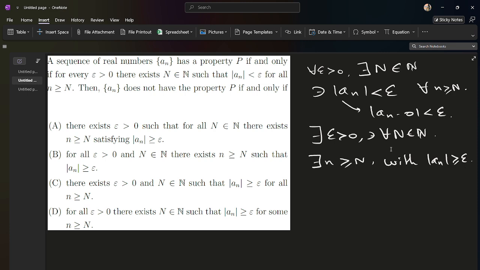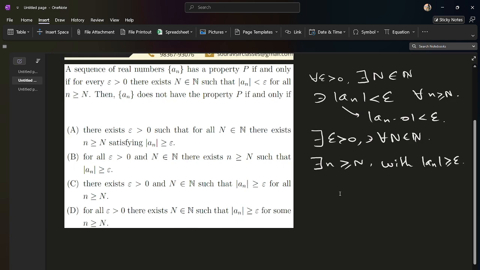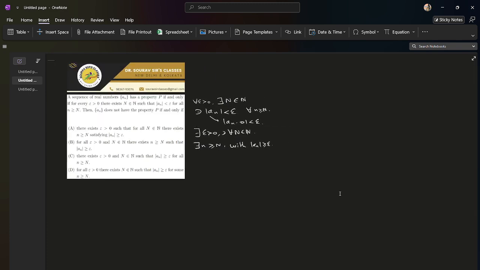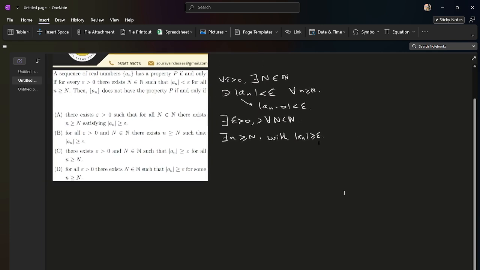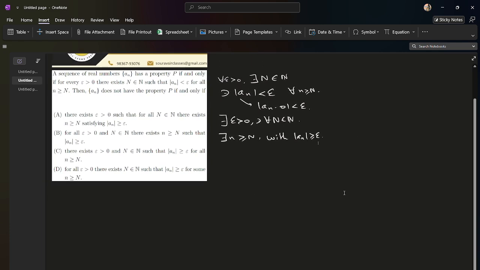So now we are going to match the given options. The first option says there exists epsilon greater than 0 such that for all N belonging to the natural numbers, there exists n greater than or equal to N satisfying mod of a_n greater than or equal to epsilon.